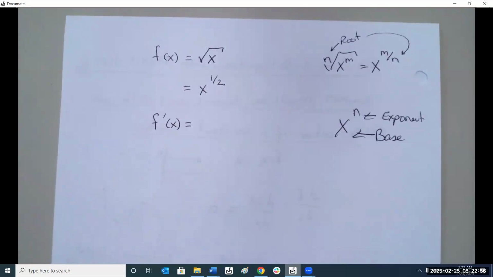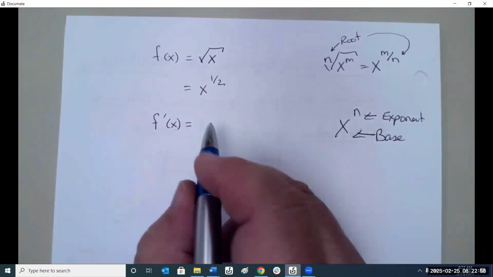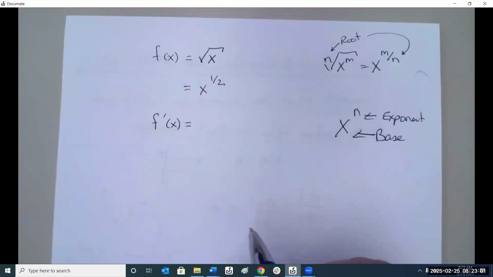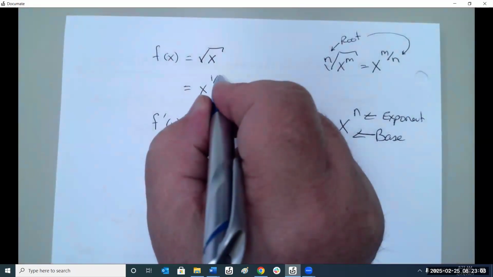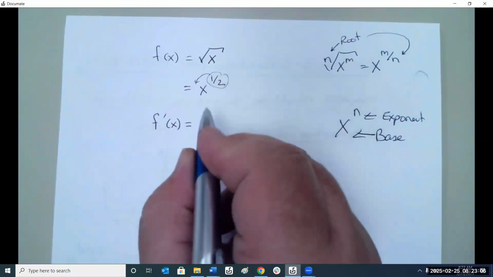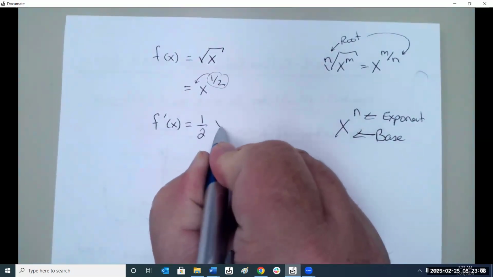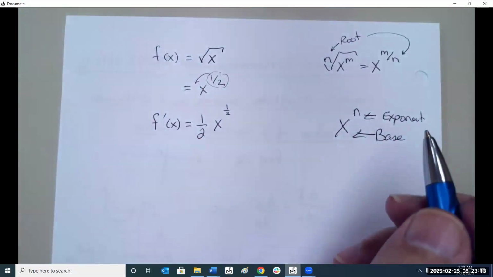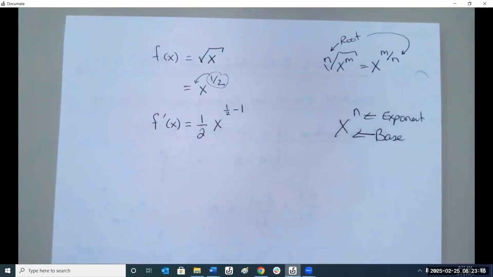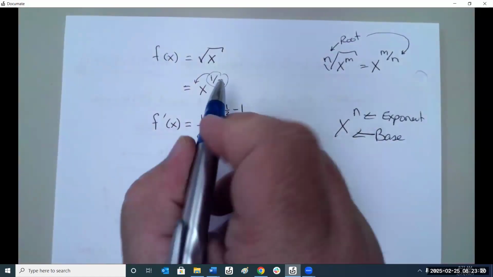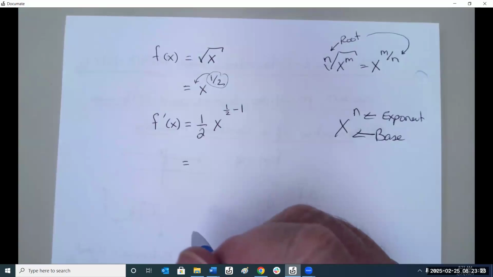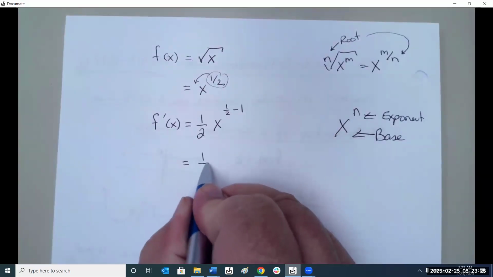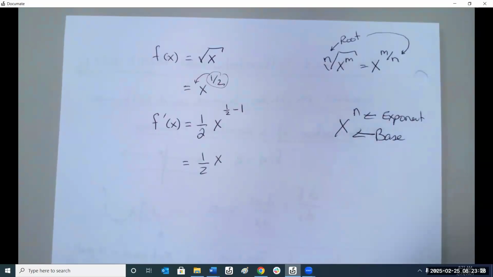As long as the base is x, we can follow the power rule. So what do we do first? Yeah, take the power, bring it out in front. Then what do you do with the exponent? Subtract 1. So whatever the exponent is, bring it out in front and subtract 1 from the power. So we have 1/2 x. What is 1/2 minus 1?